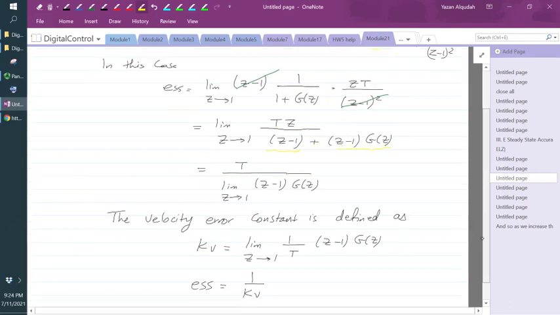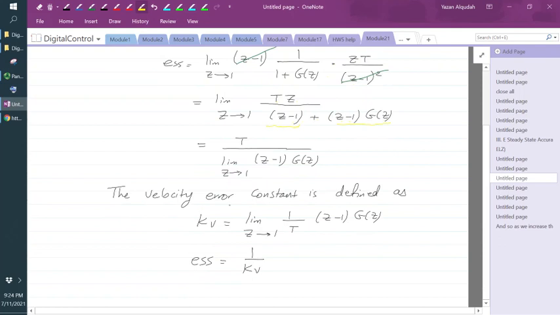Now we're going to do the same thing. We're going to define a velocity error constant. The velocity error constant is defined as the limit as z goes to 1 of 1 over T multiplied by z minus 1 multiplied by g of z. And therefore, the steady state error from here is just going to equal 1 over Kv.